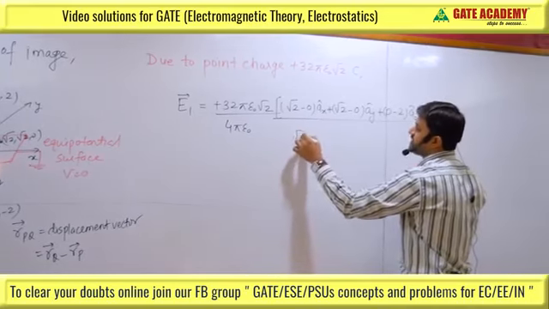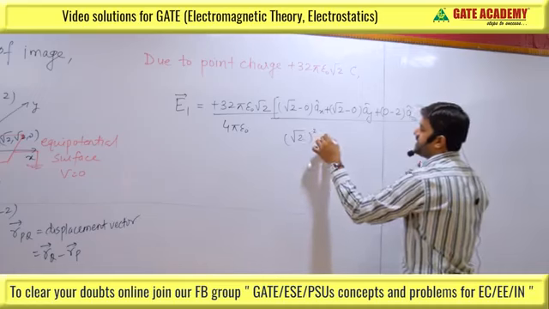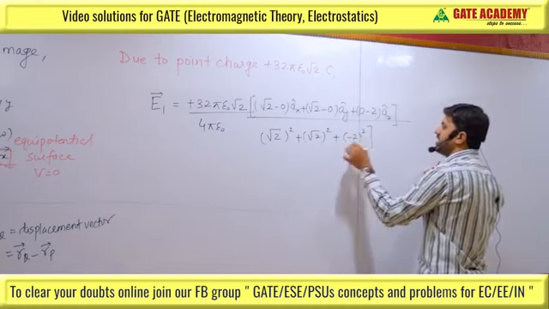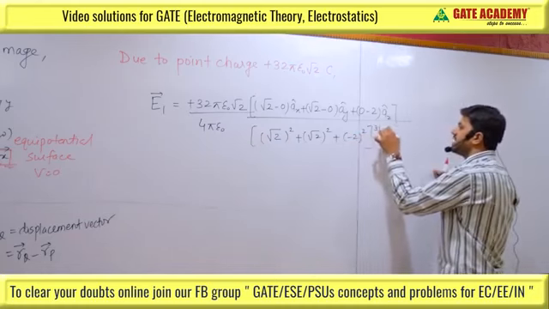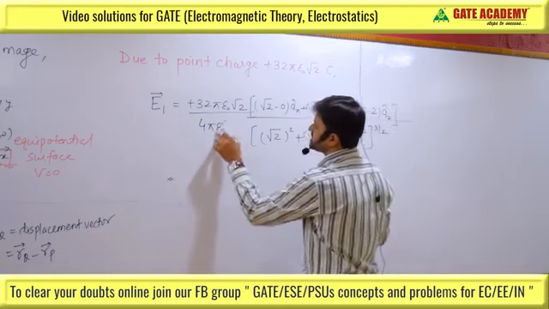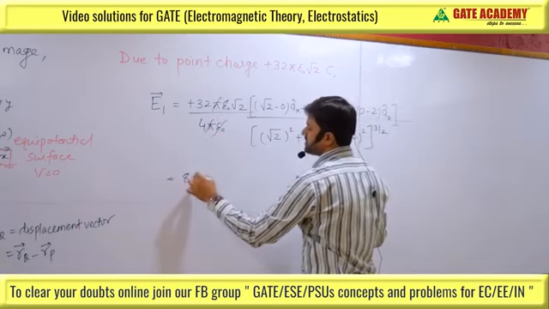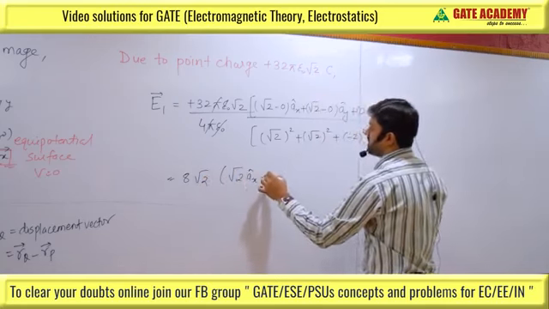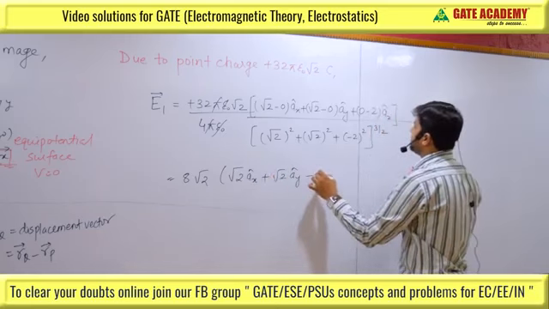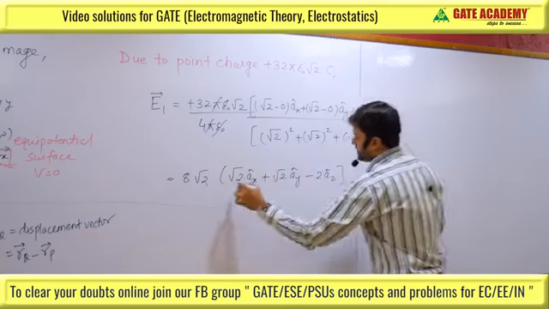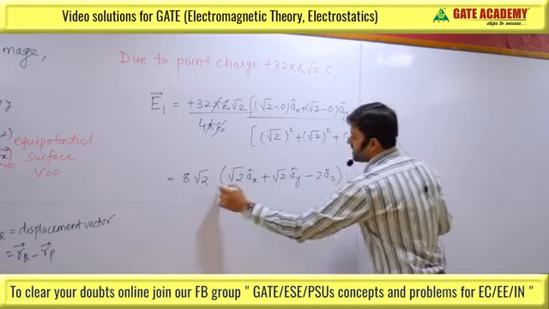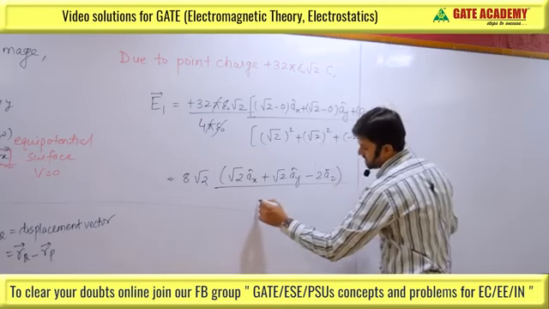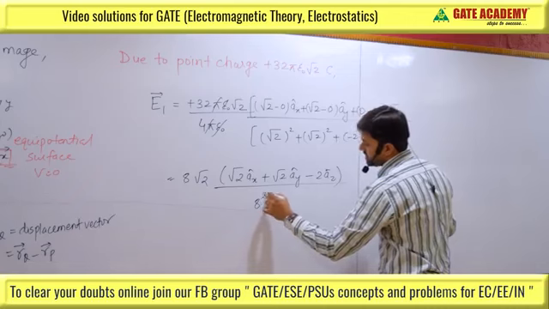So its magnitude would be root 2 whole square plus root 2 whole square and minus 2 whole square to the power 3 by 2. If we solve this, we will get 8 root 2 here, and this is root 2 ax cap plus root 2 ay cap minus 2 az cap divided by, this is 2, 2 and 4, that is 8. So this is 8 to the power 3 by 2.